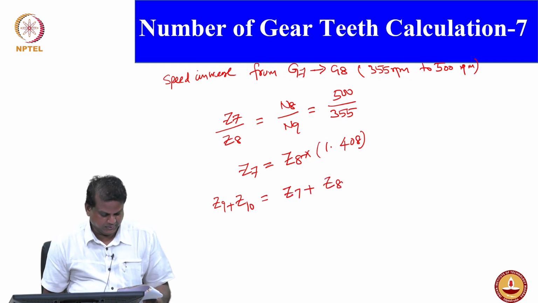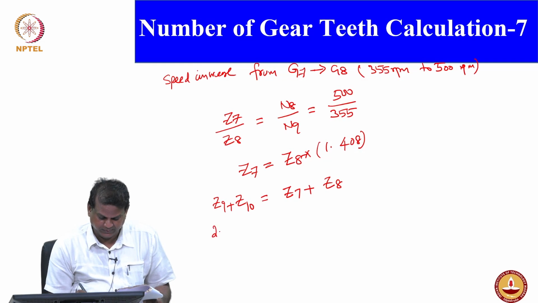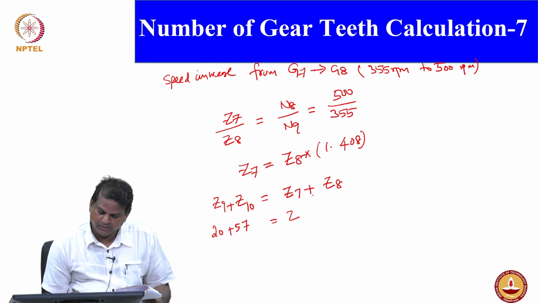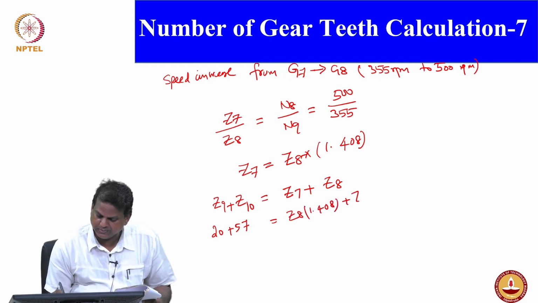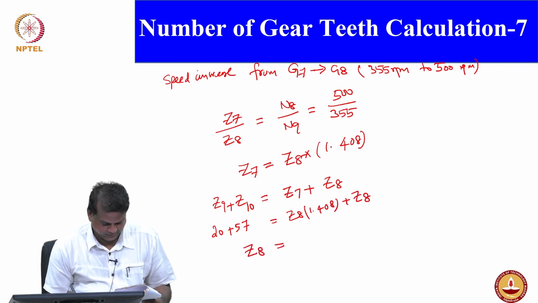Substituting 20 plus 57 must be equal to Z7 plus Z8. I can replace Z7 with 1.408 Z8, plus Z8, and if you find that value you are getting Z8 as 31.97, approximately 32.